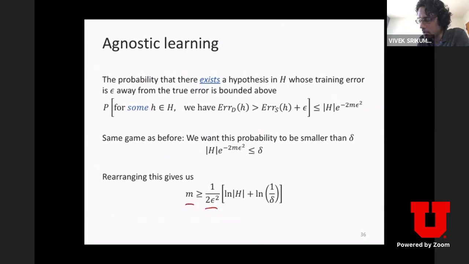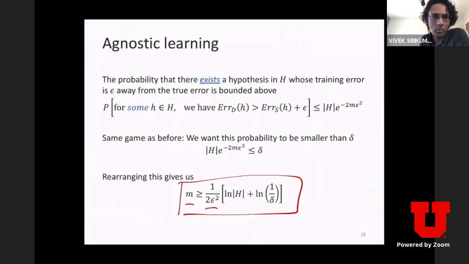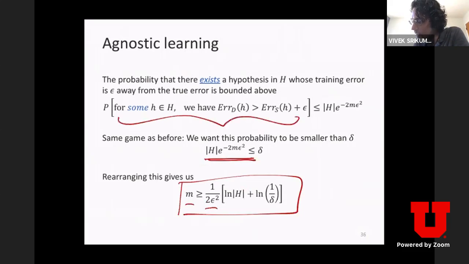So it's the same game as before. If the number of examples we have is more than this quantity, then size of H times e to the power minus 2m epsilon squared will be less than delta. If this thing is less than delta, then this thing is less than delta.